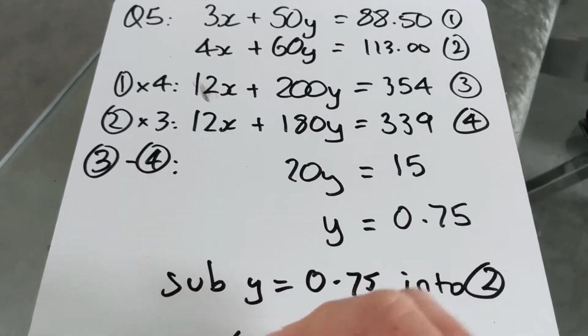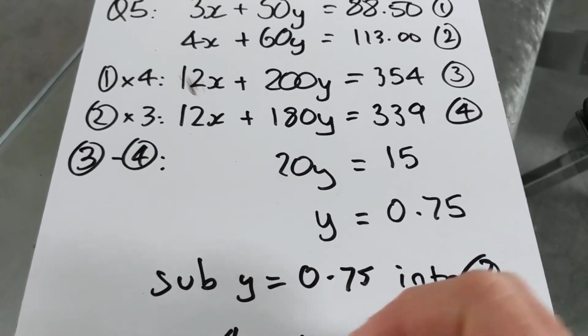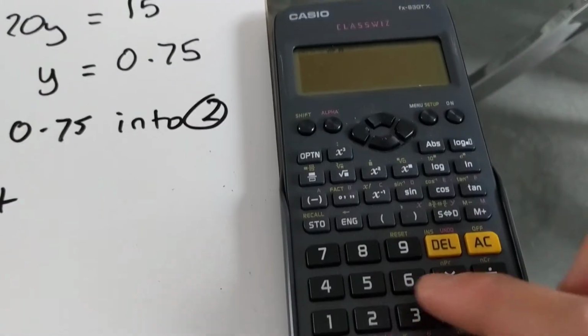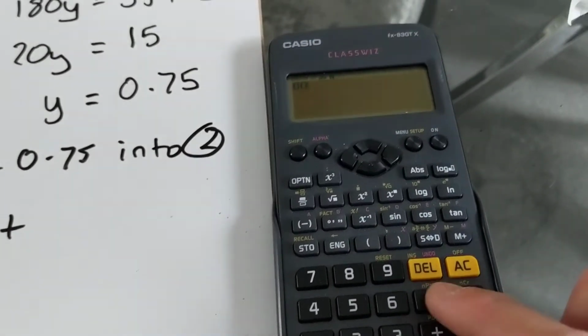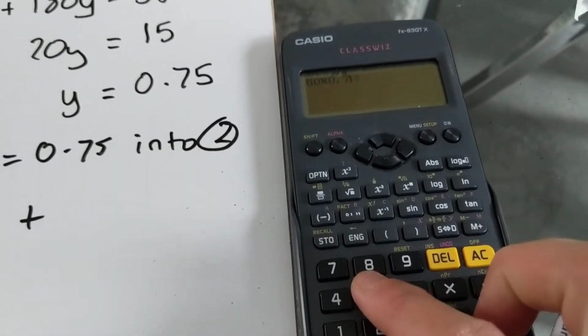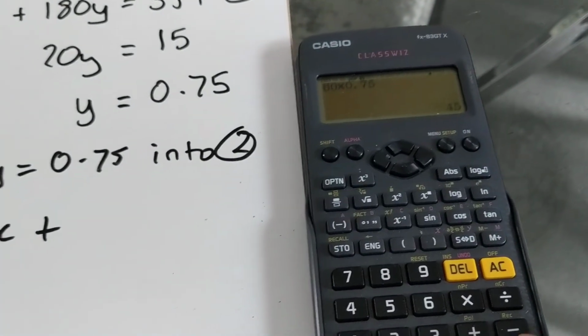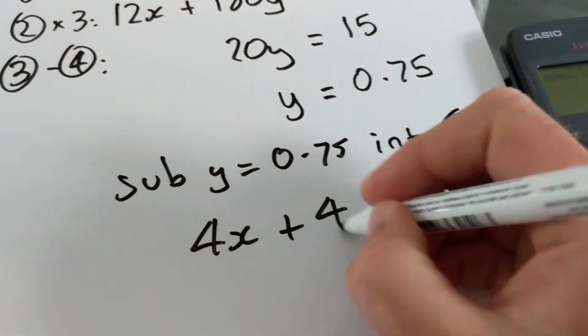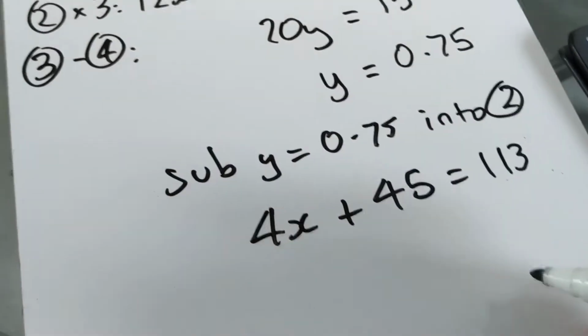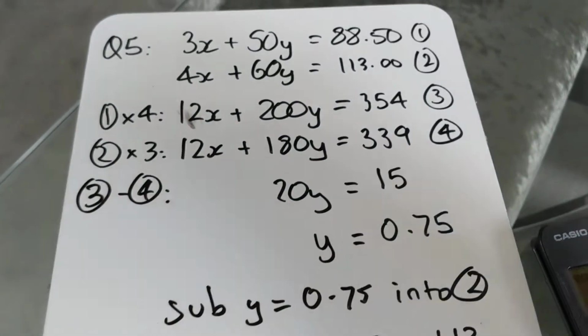And we're getting 4x plus 60 lots of y. So if we go back to our calculator, 60 times 0.75 gives you an answer of 45. So 4x plus 45 equals 113 from that equation 2.